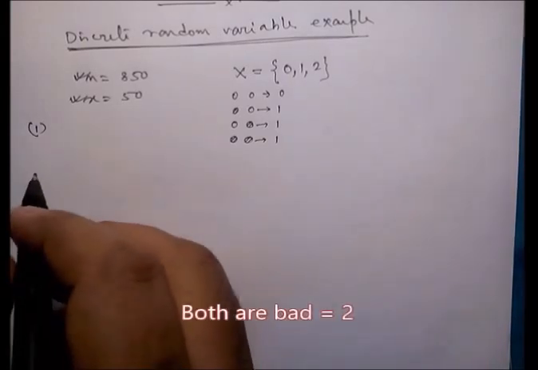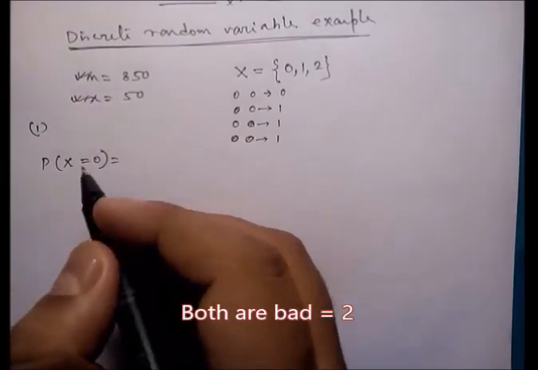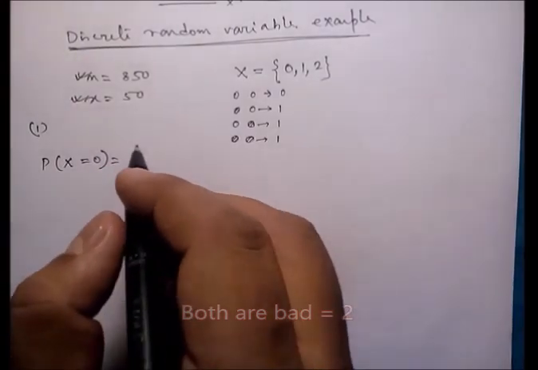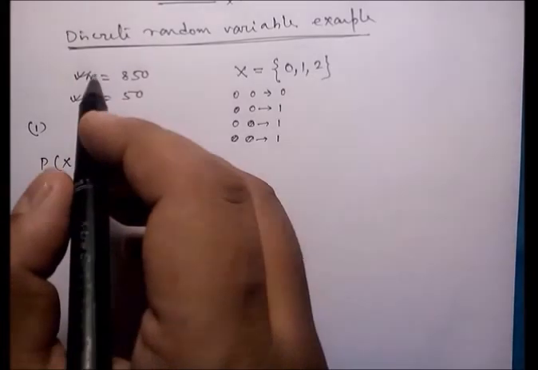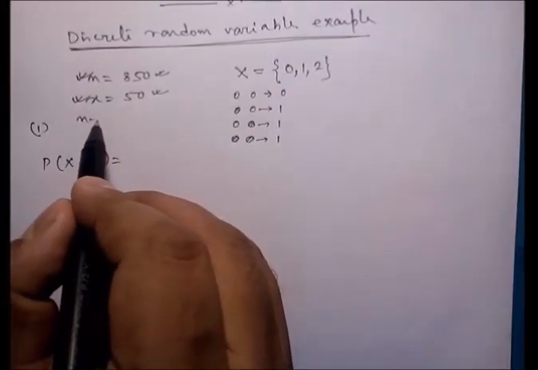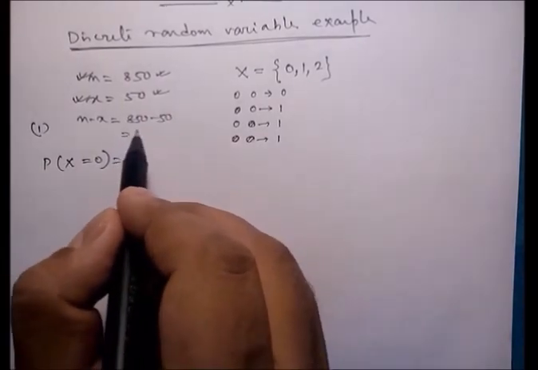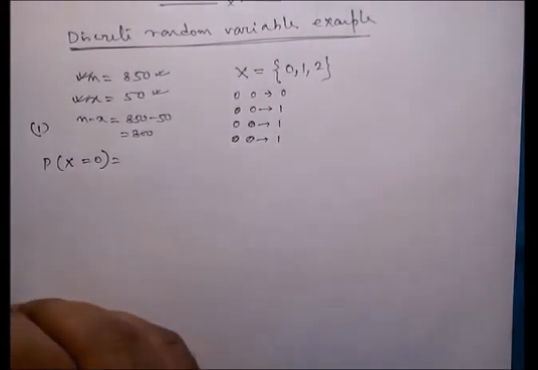Now, probability of X equal to 0 means no bad product is there. Out of 850, 50 are bad, so total good items are 850 minus 50, that is 800 good products.